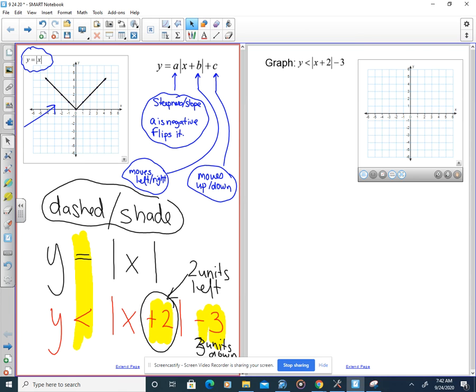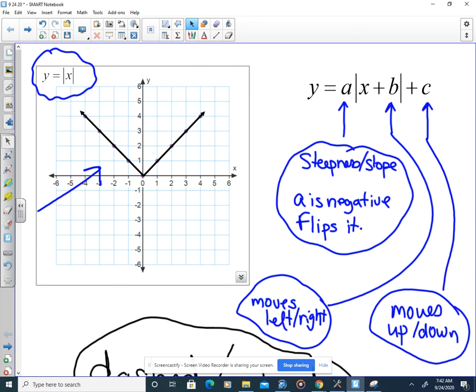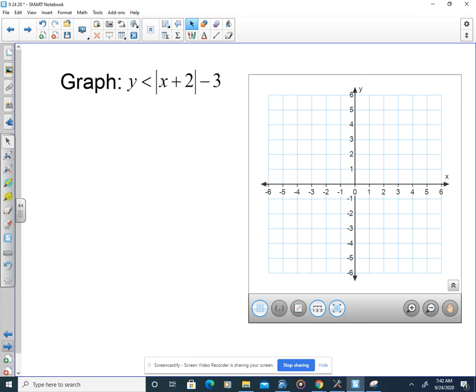Okay, so let's go and graph this. So let's find the vertex. The vertex of the parent graph always starts at 0, 0. What are we doing? We're moving it 2 to the left and down 3.